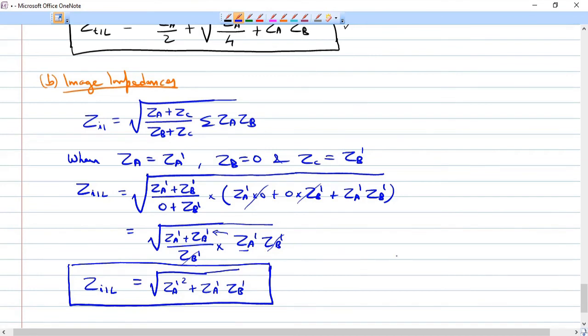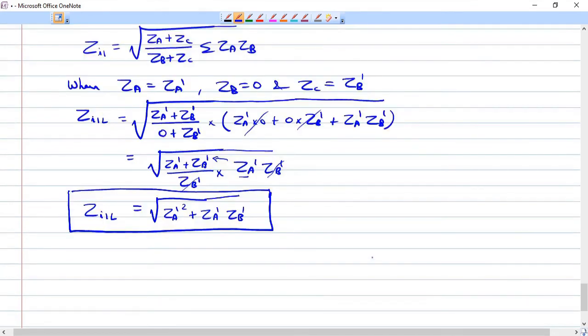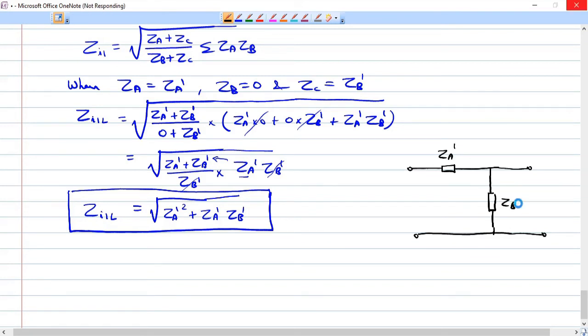Okay. Now what about Zi2? So we'll draw the L network. So this is the L network that we are considering, which we have derived out of the asymmetrical T network. So this is Za dash and this is Zb dash.